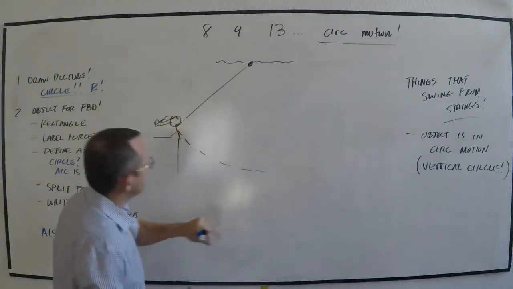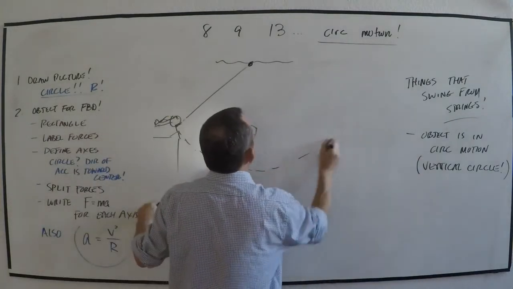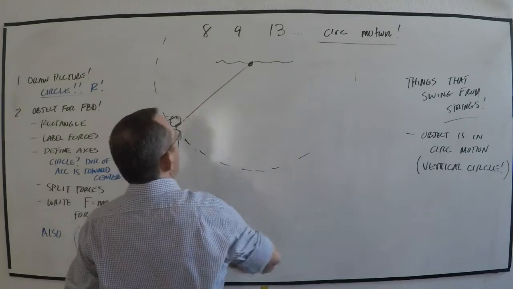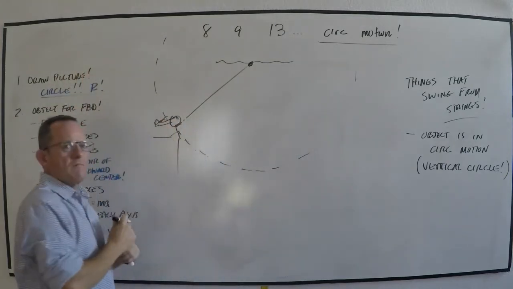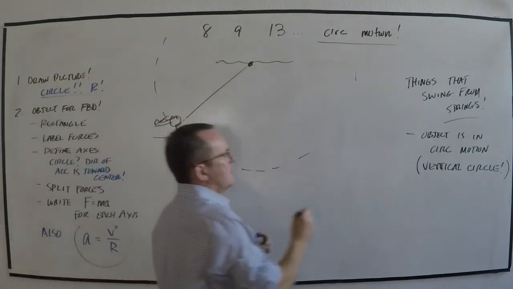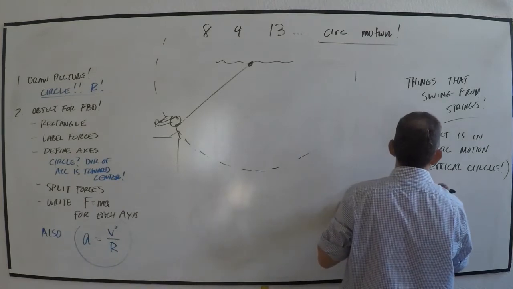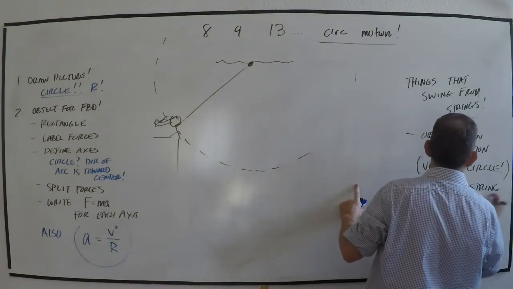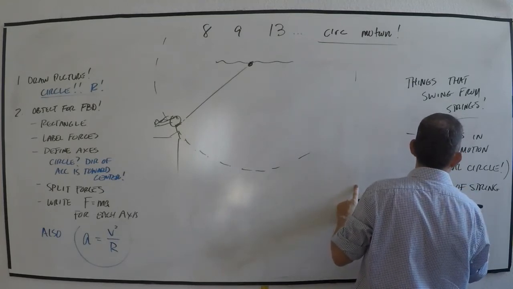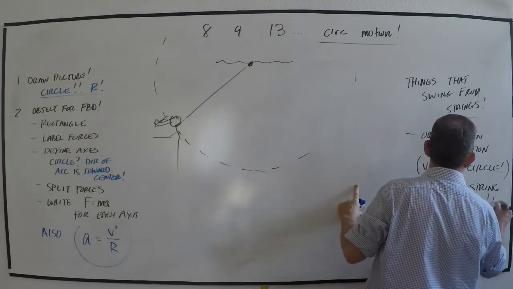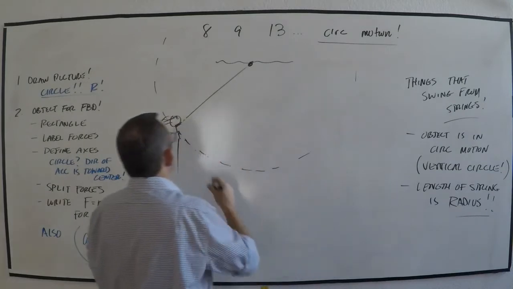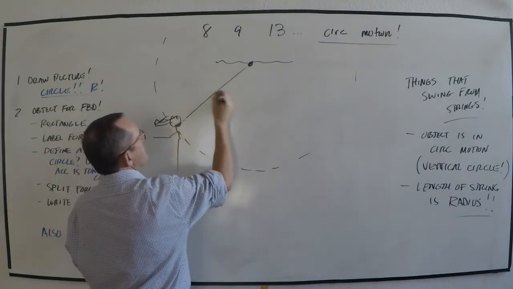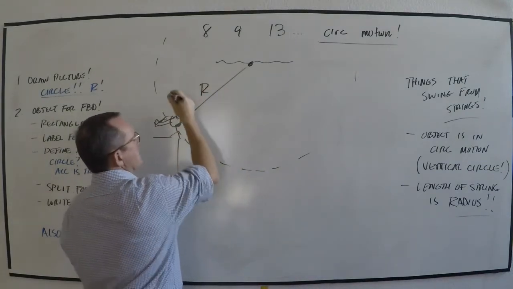When he swings, he is basically tracing out a vertical circle. He's in circular motion. The length of the string is the radius of the circle. In this case, the length of the vine is the radius of the circle.